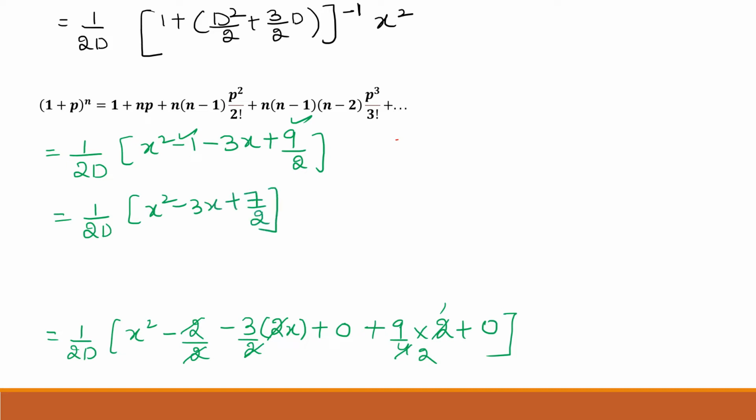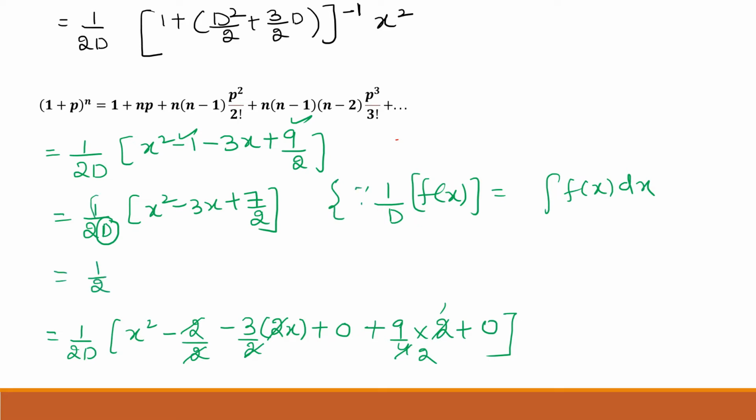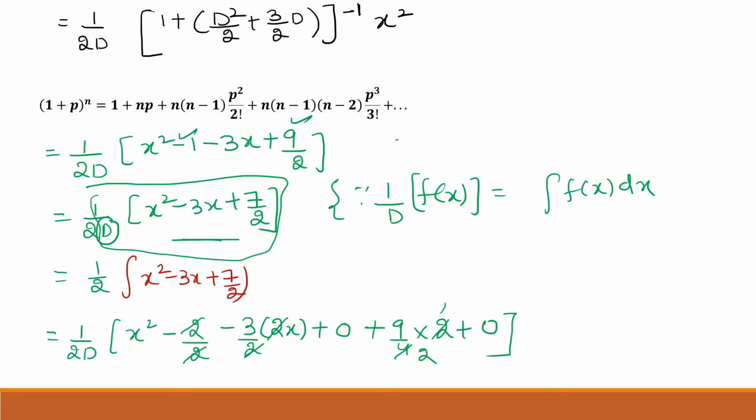This is not a final answer because the d operator is still there. Okay, so 1 over d into some function means what? 1 over d of some function of x means integration of that function with respect to x, right? So by using this, we will get 1 by 2 times the integration of x square minus 3x plus 7 by 2 with respect to x.